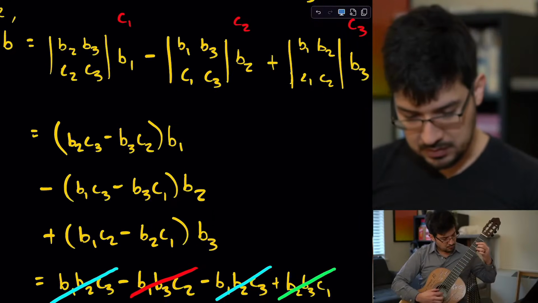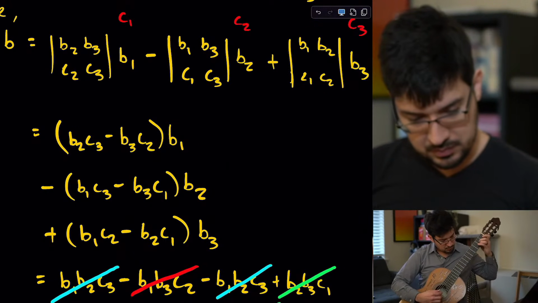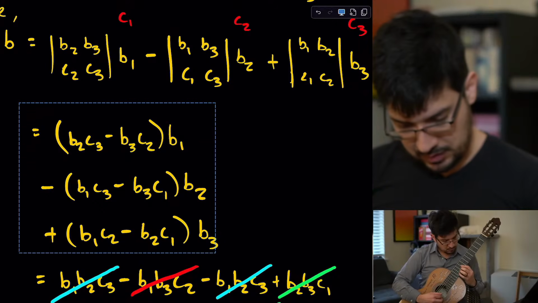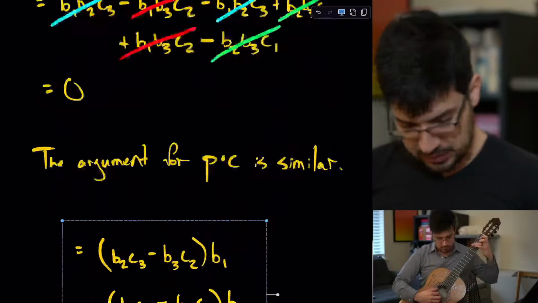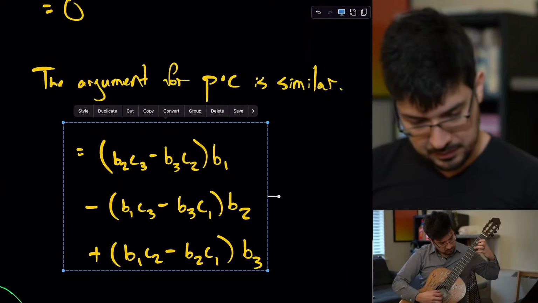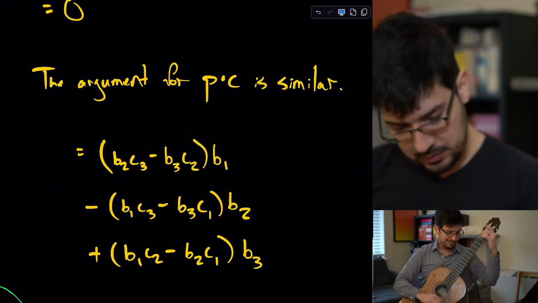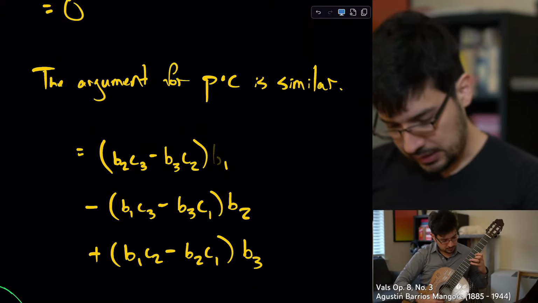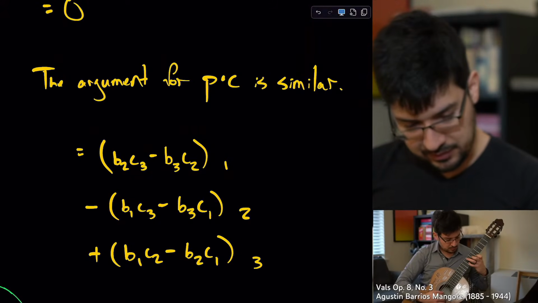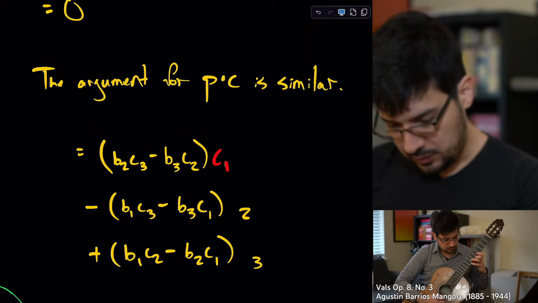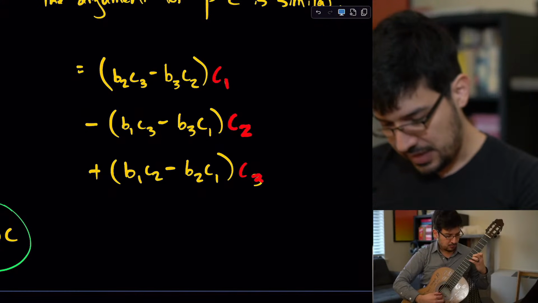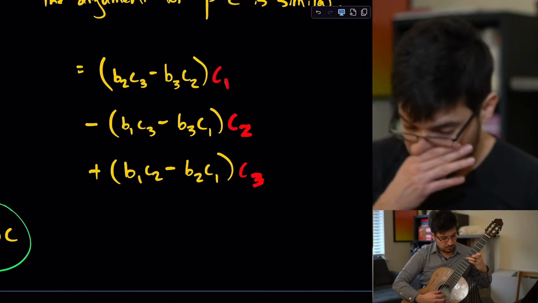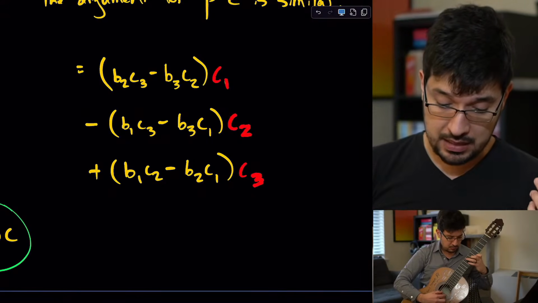I think this is kind of cool because I can use technology to duplicate and rewrite this very quickly. So the argument for P dot C is going to be essentially the exact same thing. These terms on the right would be C1, C2, C3 instead.